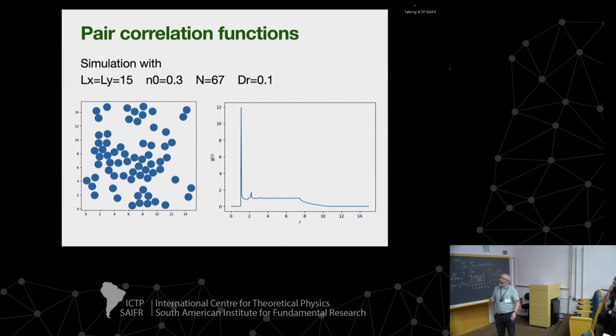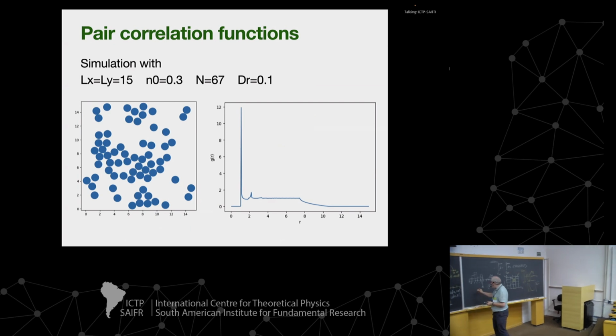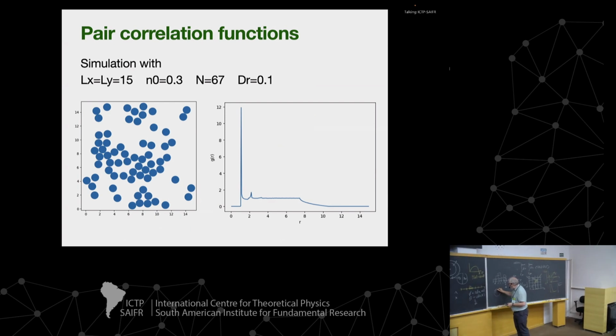But you should also see information about the cluster size. Not here. No, it's not easy to get the cluster size from here, because you can get the same G of R if the system is made of a big cluster, made of many particles, or you have many dimers. Imagine that all particles are in dimers.